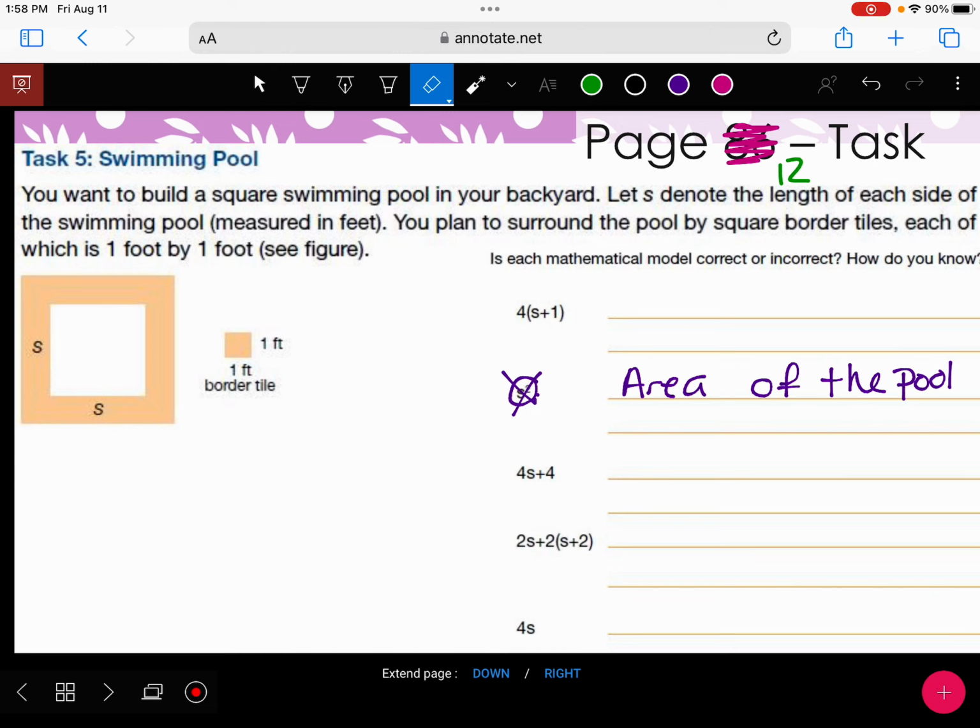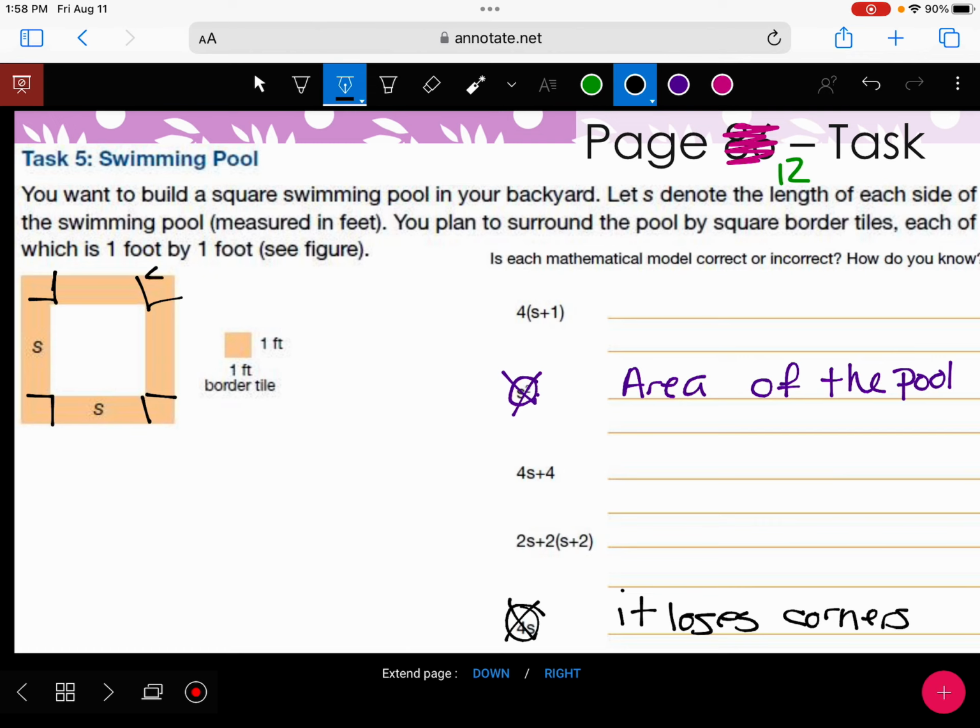So the 4 S's one, that's not good either. It loses the corners. I need space in the corners. So 4S doesn't have these. Boo.